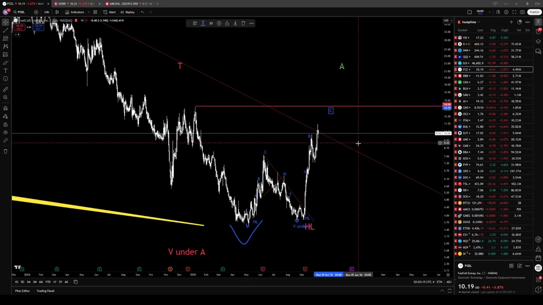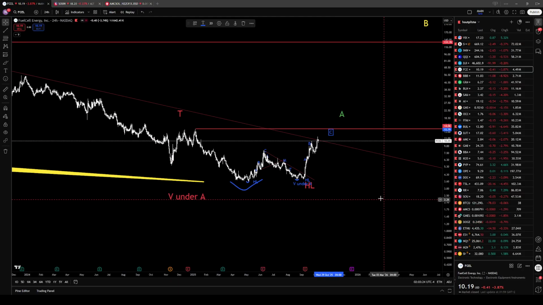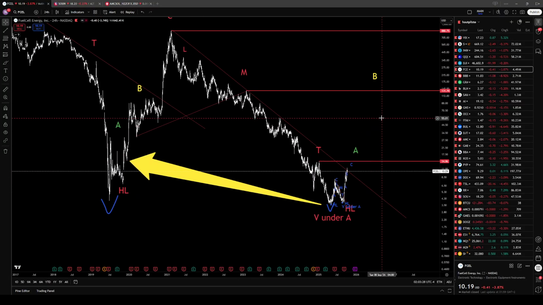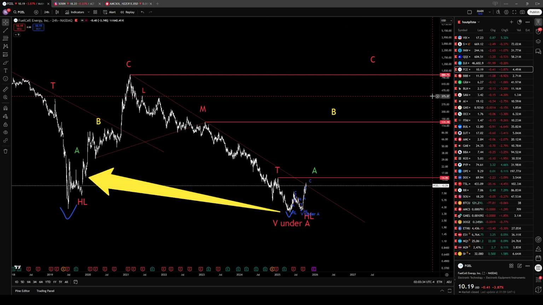But if we're going lower, this would be our pullback target for the small V and A. But all in all, I'm still looking for the big A pullback, then big B, and let's see what C is doing.